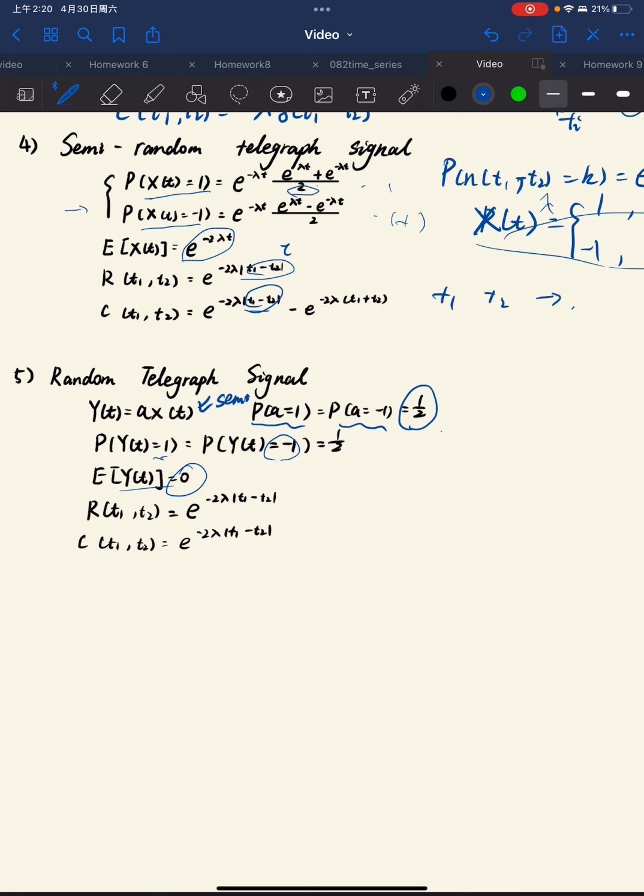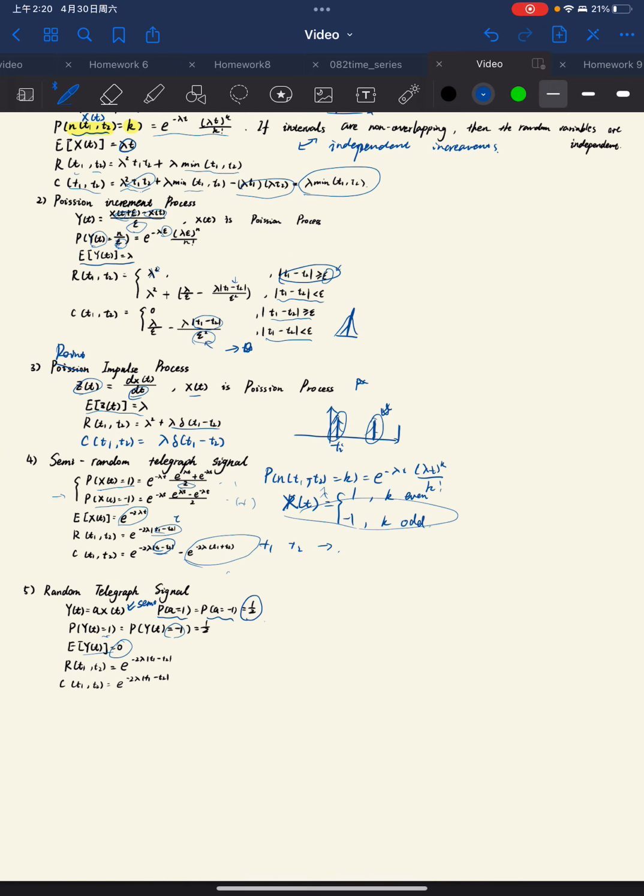And for the autocorrelation, we can just replace it, since we don't have the summation here. Finally, they are both e to the power of negative 2 lambda times the absolute value of t1 minus t2.